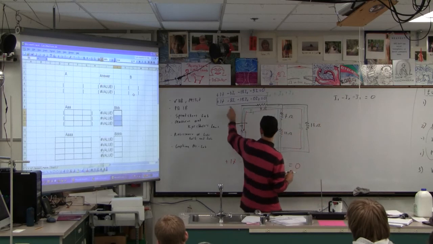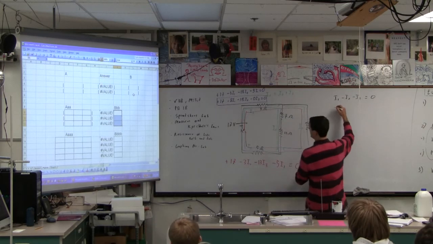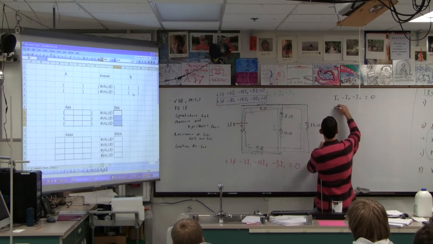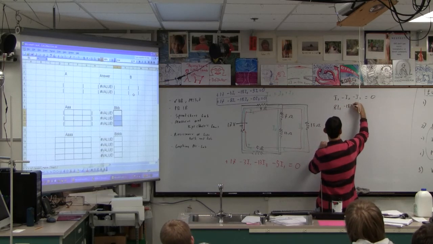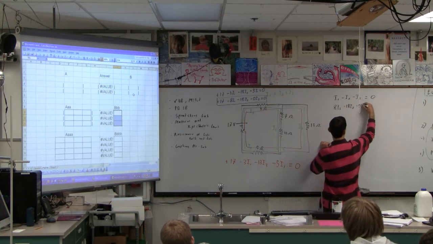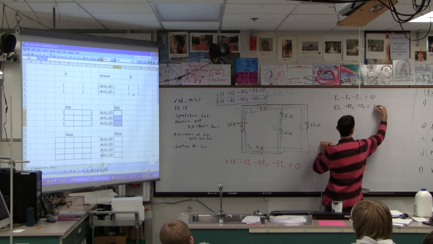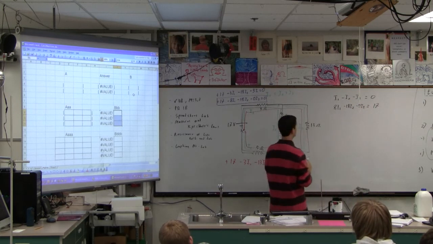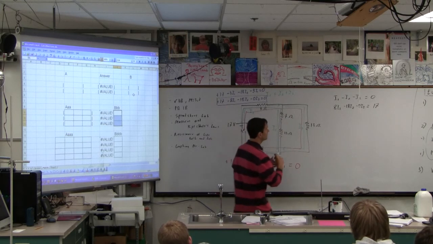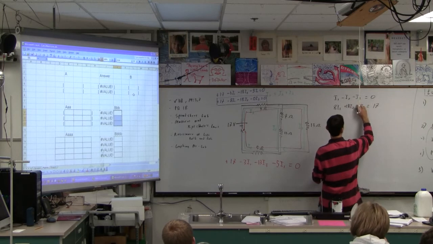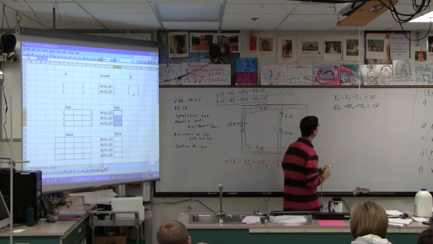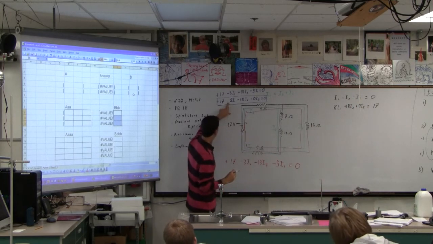Okay. Then let's take this guy here. I'm going to write this guy this way. 8I1 minus 18I2 minus 0I3 equals 17. Can't I do that? Except these guys are plus, aren't they? Is that right?